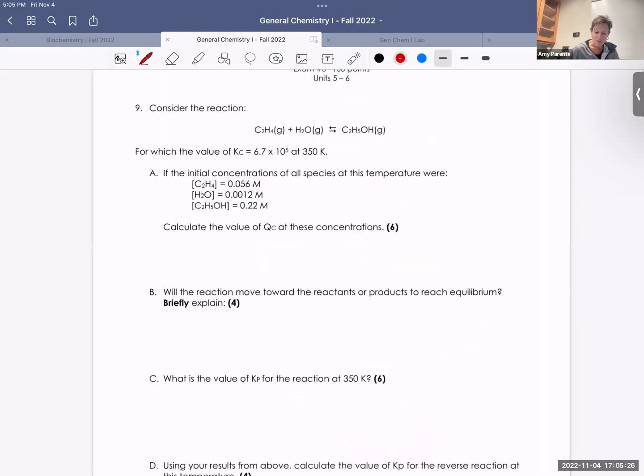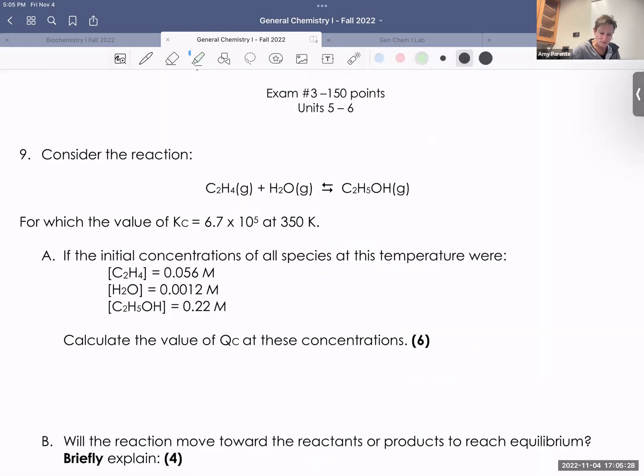Now here's a problem, right? Use your deductive reasoning skills. Hey, I've got these things that tell me, again, this is an equilibrium problem. I see equilibrium arrows. I see big K values.